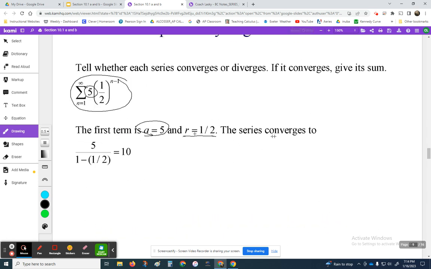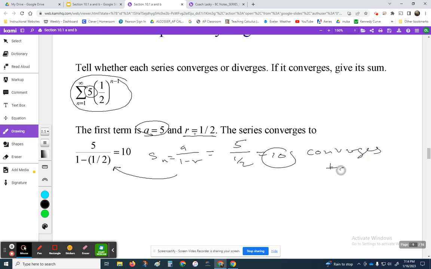And so this series converges to, and we're going to use this formula, A over 1 minus R. That's where this comes into play. So that sum of the series is equal to A over 1 minus R, and we just plug it in. It's going to be 5 over 1/2, and that's going to be 10. So it converges to 10.